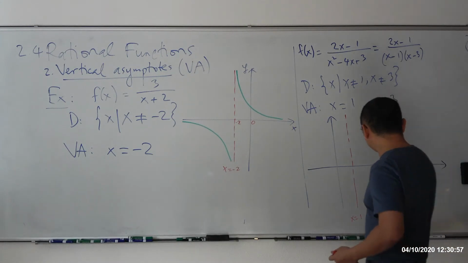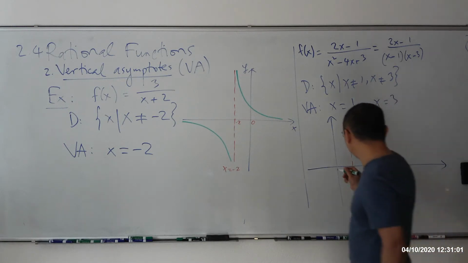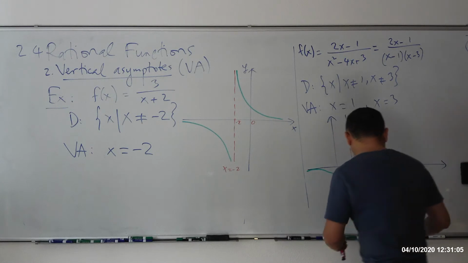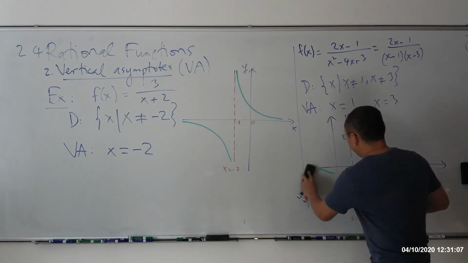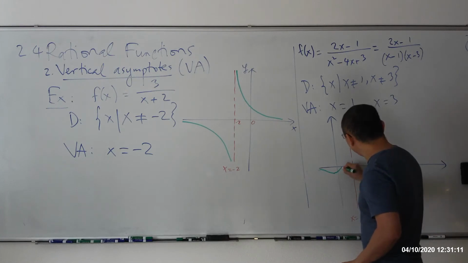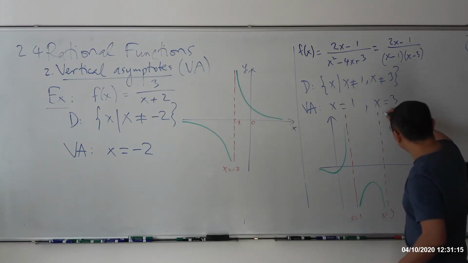Let's use green color for the graph. Make sure that I copy it right. The graph looks like this. It never hits the asymptote, okay?